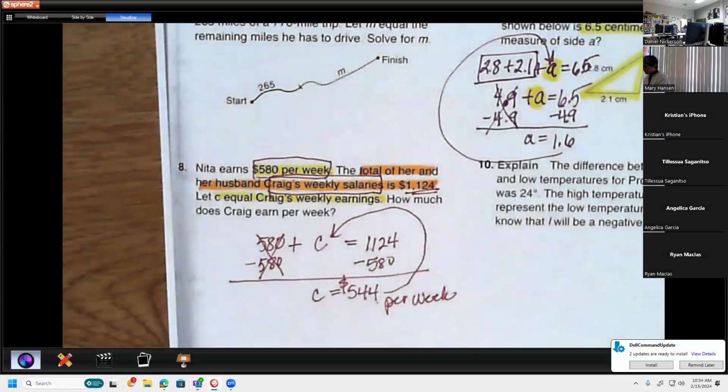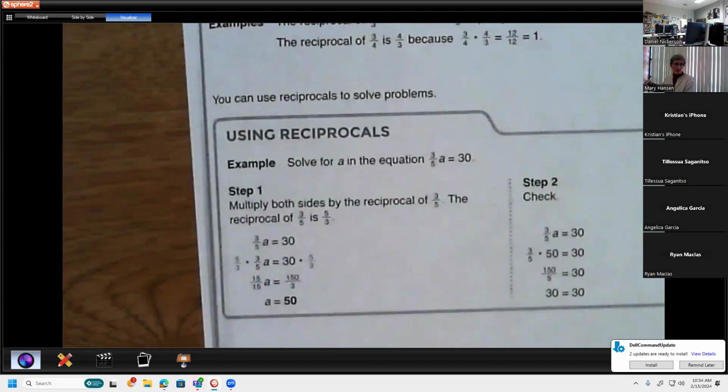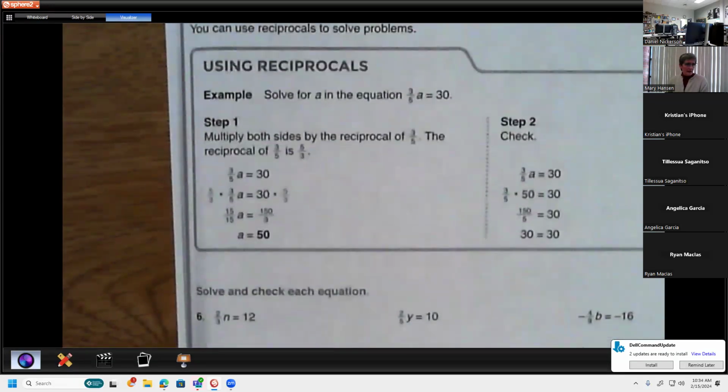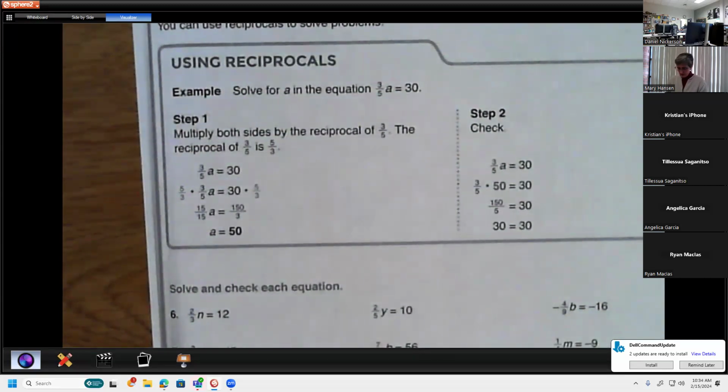All right, so page 37 is an extension of this multiplication and division lesson. And this example says using reciprocals, and we talked Tuesday about what a reciprocal was.